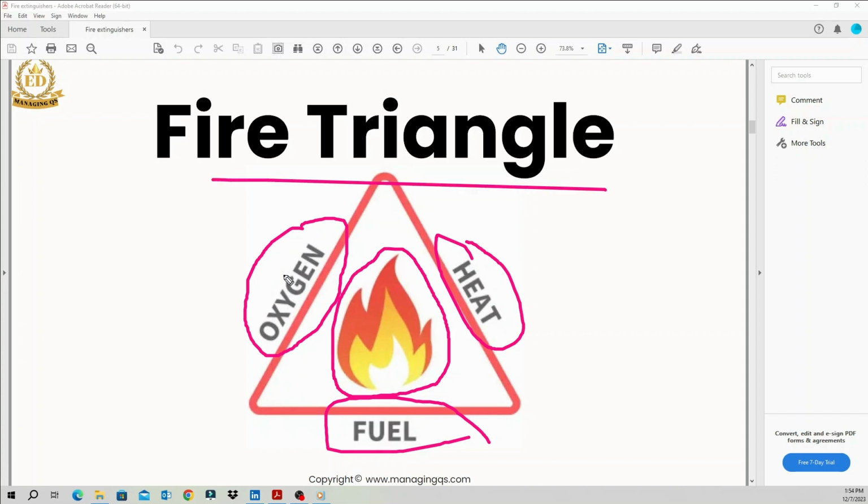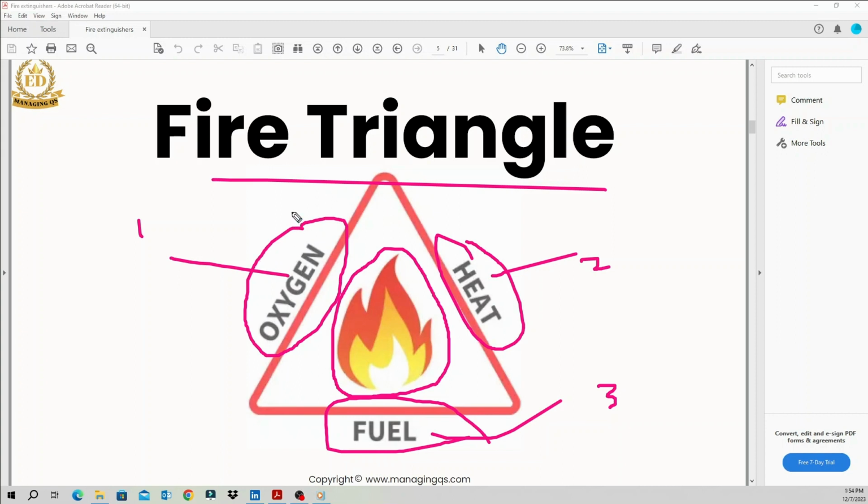The first one is oxygen. The second one is heat. The third one is fuel. These are the 3 main components that produce the fire. So firefighting means we should remove any one of these 3 items.